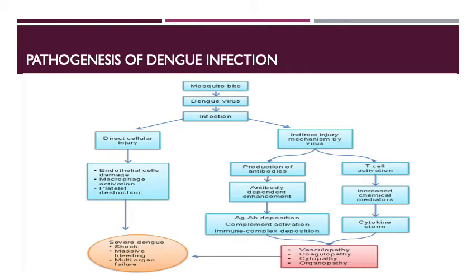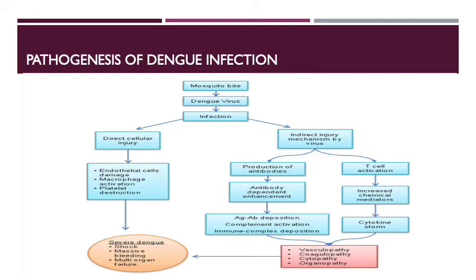Coming to pathogenesis, once a mosquito bites and the virus enters the body, it can cause either direct cell injury or indirect cell injury. In direct cell injury, it causes endothelial cell damage, macrophage activation, and platelet destruction, which can lead to severe dengue characterized by shock, massive bleeding, and multi-organ failure.